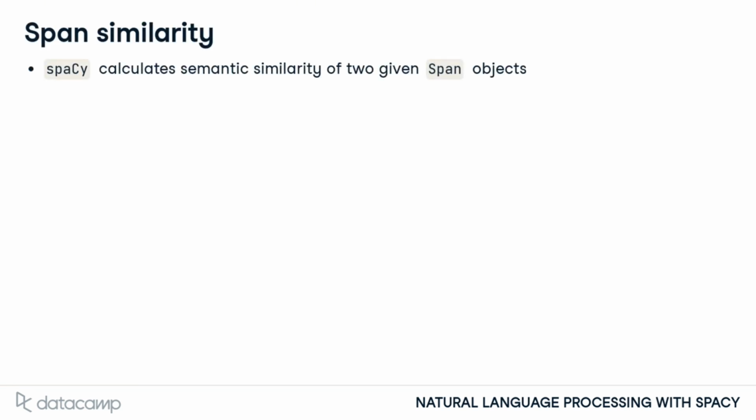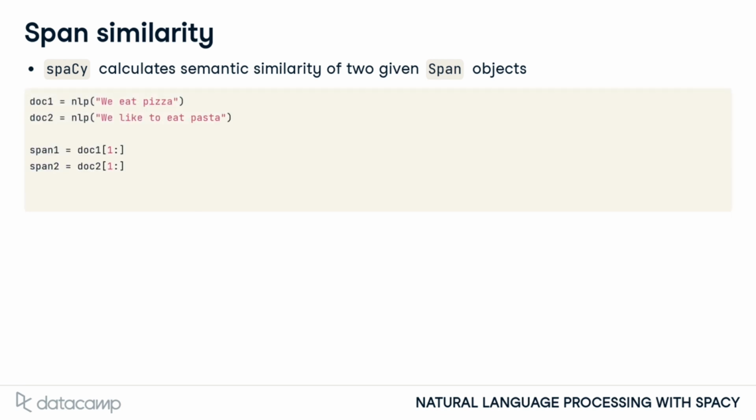Similarly, spaCy can calculate the similarity score of two spans of text. We previously learned that a span is a slice from a doc container. Subsetting a doc container results in a span object. Similar to the token class, the span class also has a span.similarity method that can be used to calculate the similarity score between two spans.